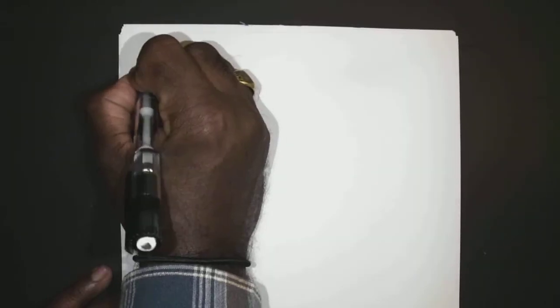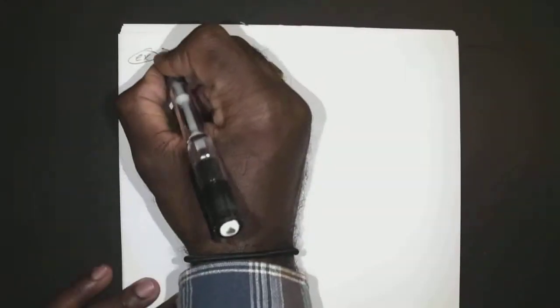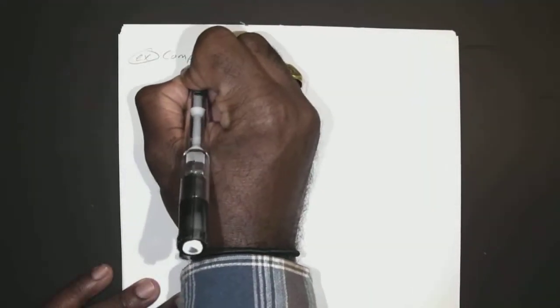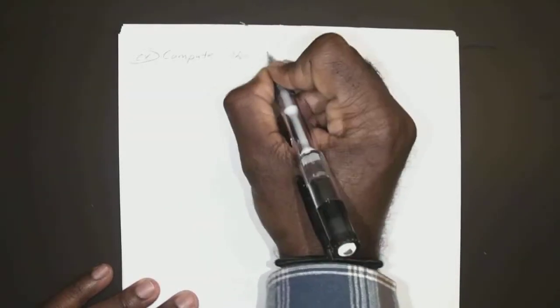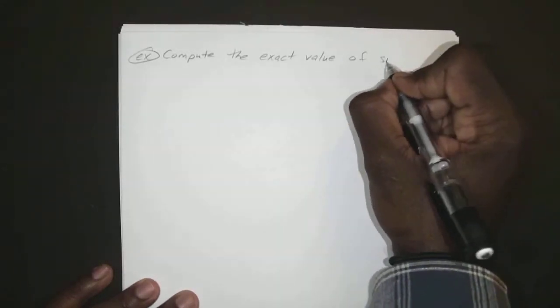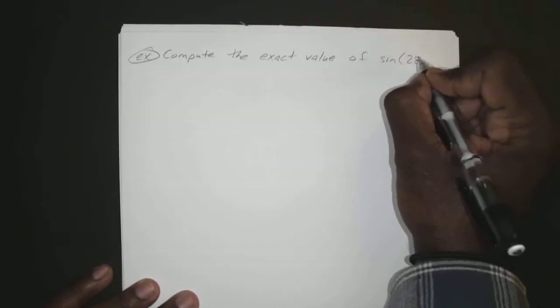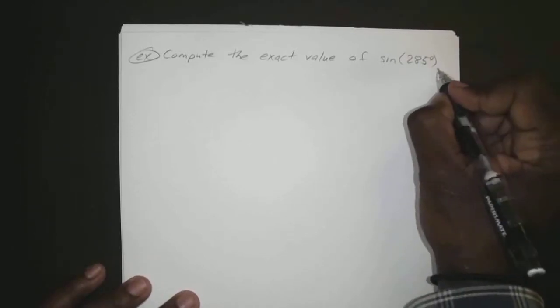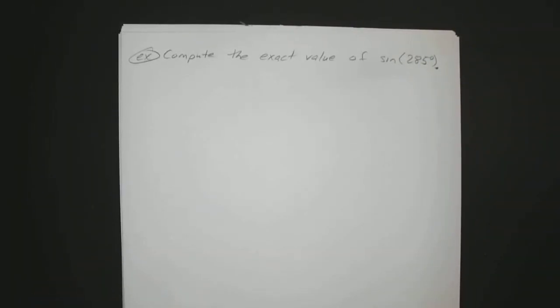All right, so let's say for our next example, we want to compute the exact value of sine of 285 degrees, which means actually showing the steps.